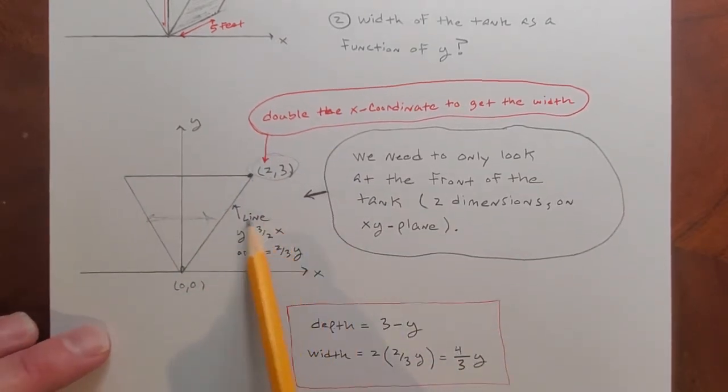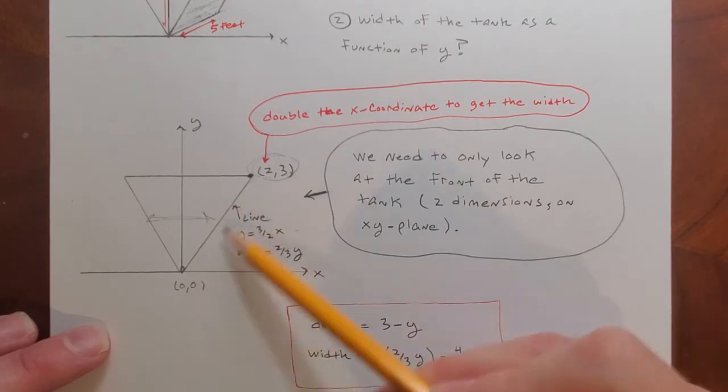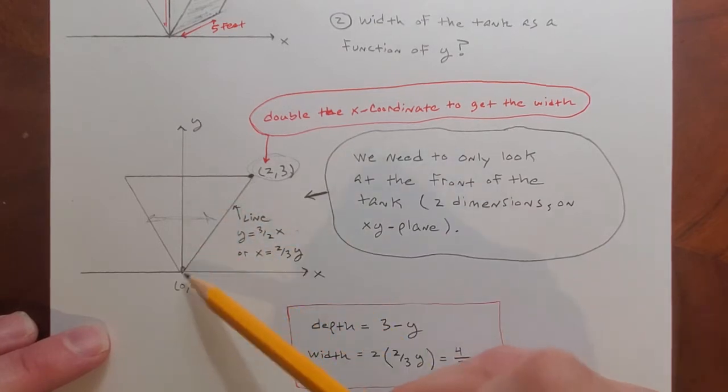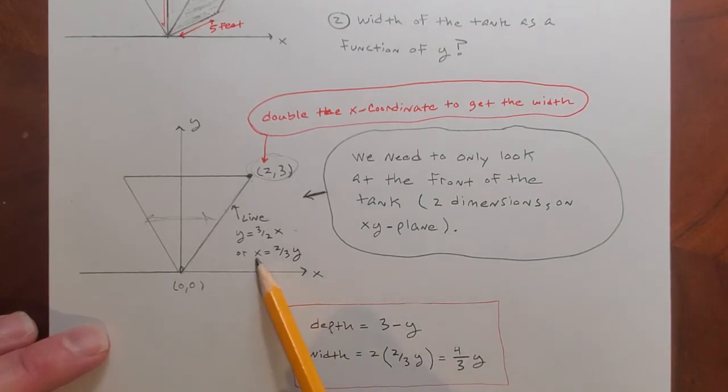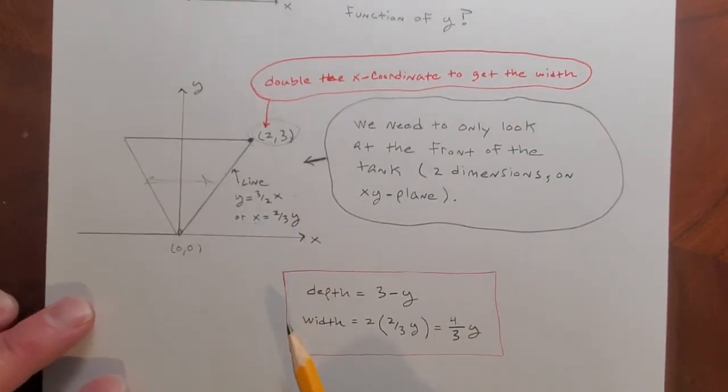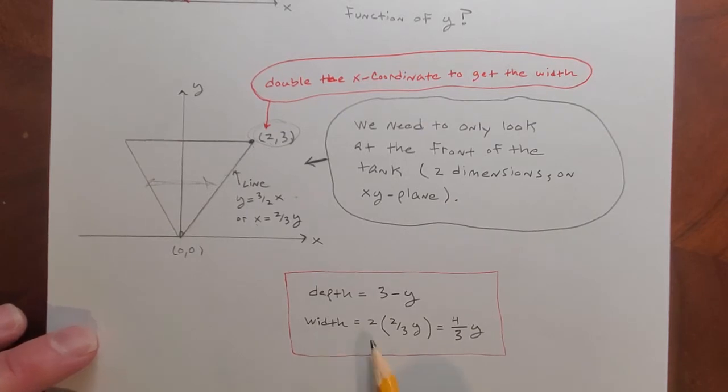The equation for this line is y = 3/2 x. That's valid, it captures all points on this line, but I solve it for the x coordinate. Then if I double that, I get the width. So the width is 2 times 2/3 y, that's 4/3 y.